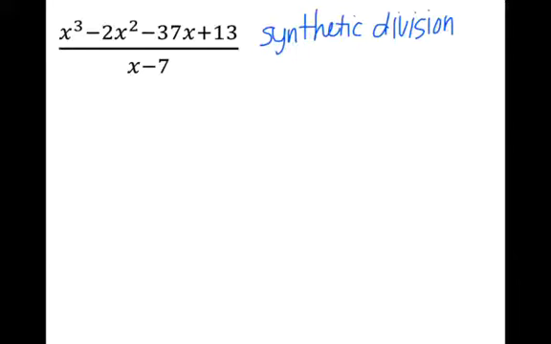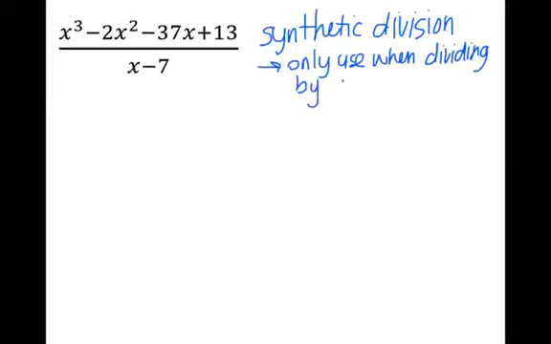The only downside to synthetic division is you can only use it when you're dividing by something in the form x minus a. So you have to have a coefficient of 1. Your degree has to be 1. And then you're either going to be adding or subtracting a number.